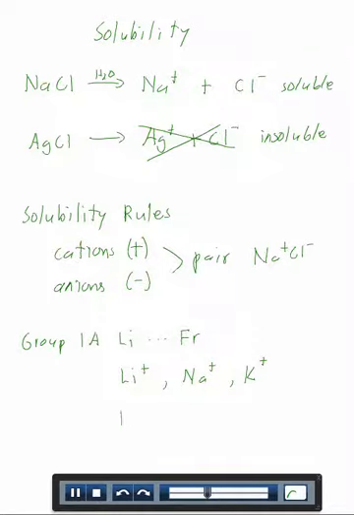Group 2A, beryllium through radium, want to give up 2 electrons so that they can have the same number of electrons as the noble gas, Group 8A. So that way we can predict the charge on these ions.